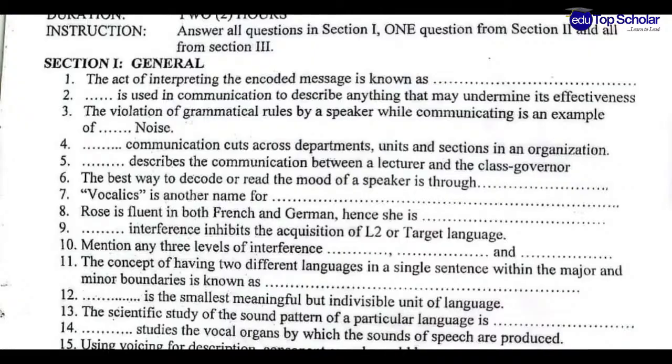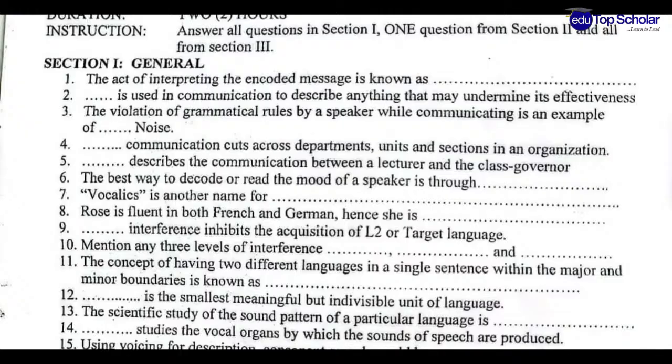Don't forget, we have discussed in the class that we have two major media of communication. When we say medium of communication, we have two major media, that is verbal communication and non-verbal communication. Verbal communication uses either oral communication or written communication.